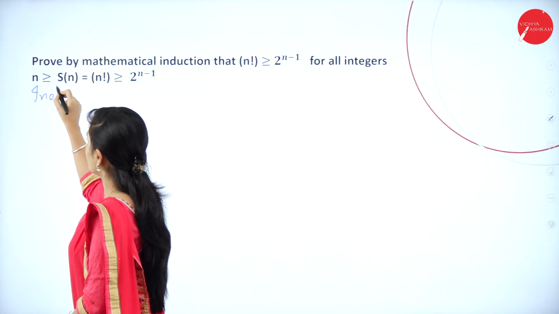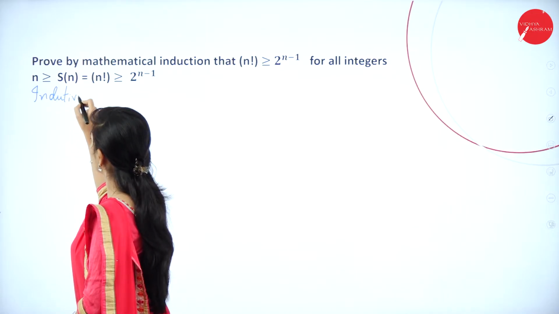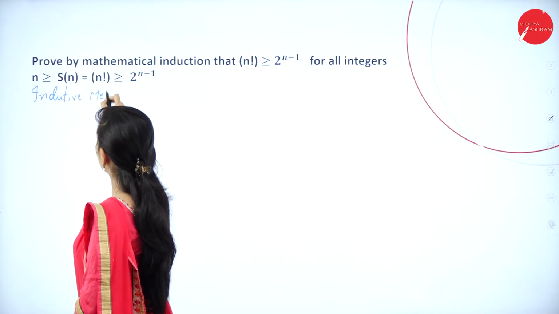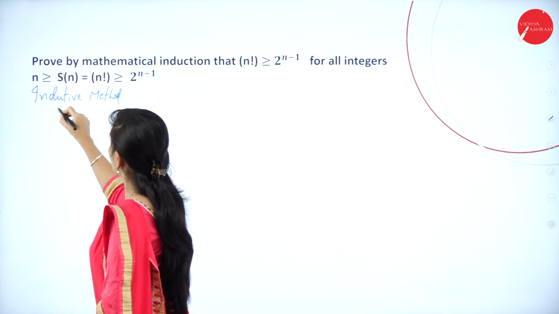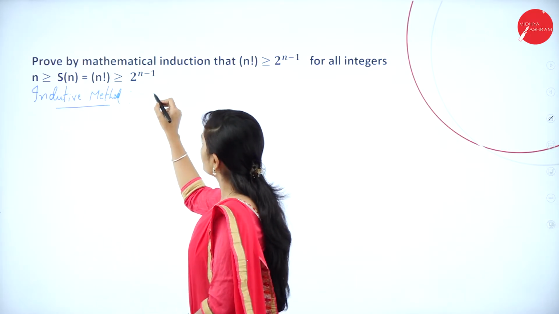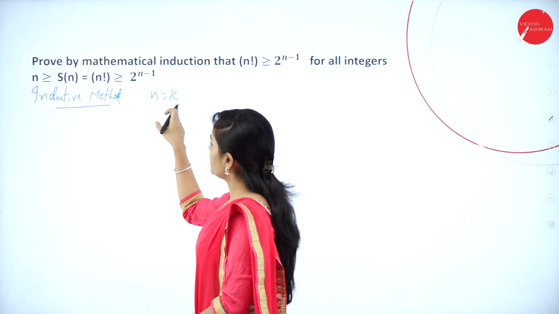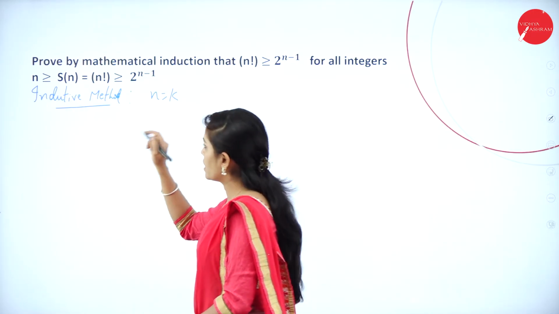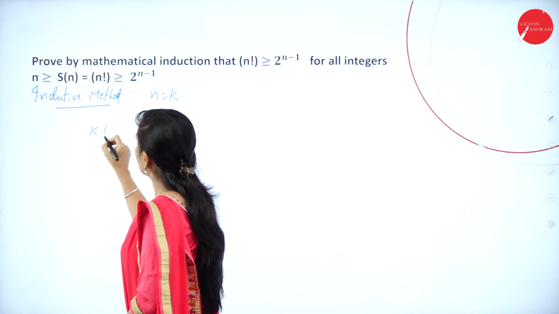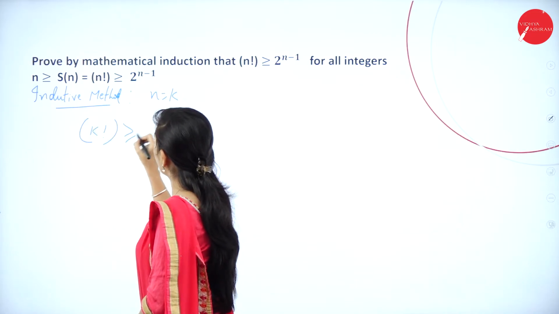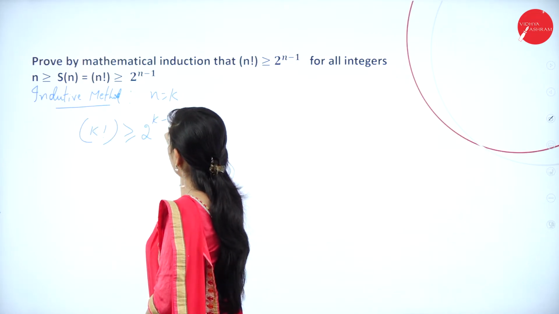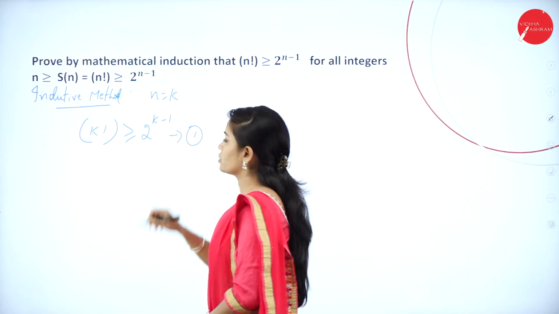So here n equals k. Now I'll replace this n by k. So k factorial is greater than or equal to 2 power k minus 1. This is equation number 1.